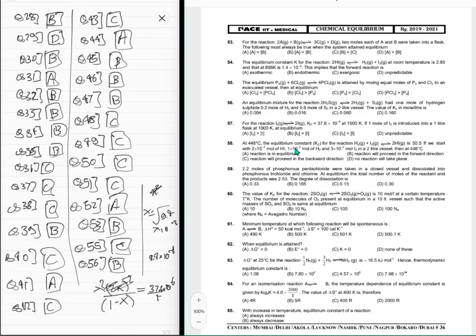Where was I? Question number 57, right? At equilibrium, of course, concentration of I is very small and concentration of I2 is still very big. So A is correct. Unpredictable?